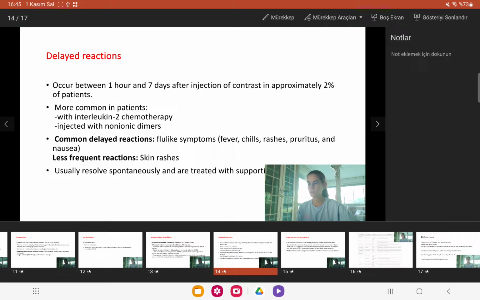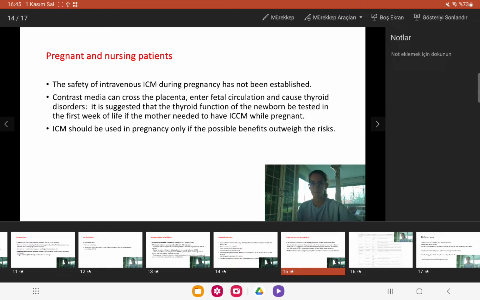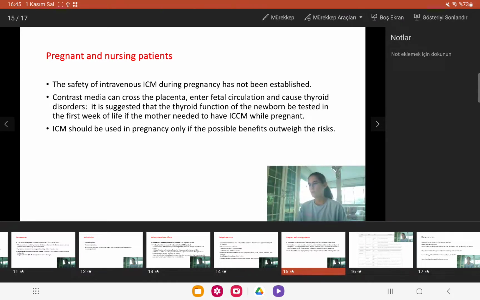In the case of using ICM in pregnant and nursing patients, not much study has been done yet, so the safety of intravenous ICM during pregnancy has not been established.